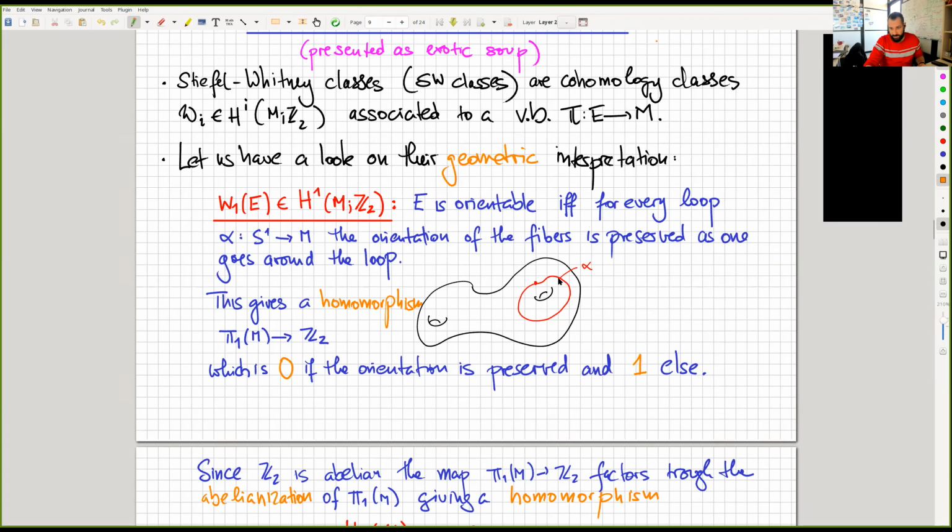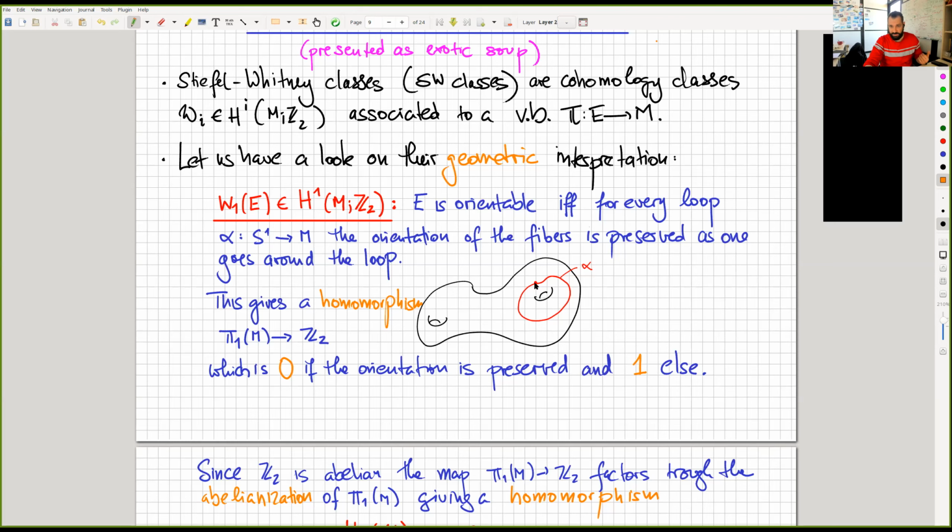So the orientation should always be the same here. If it's orientable and you go once around, you should end up with the same orientation. If this is not the case, your vector bundle cannot be oriented.